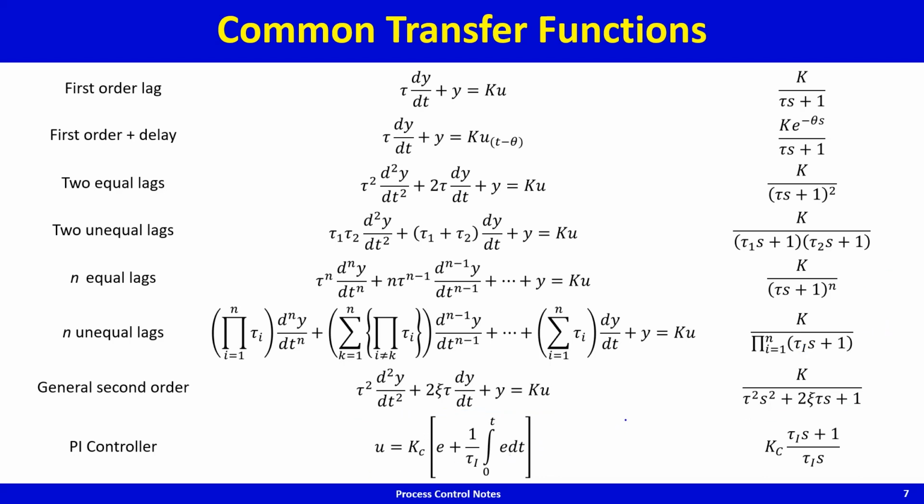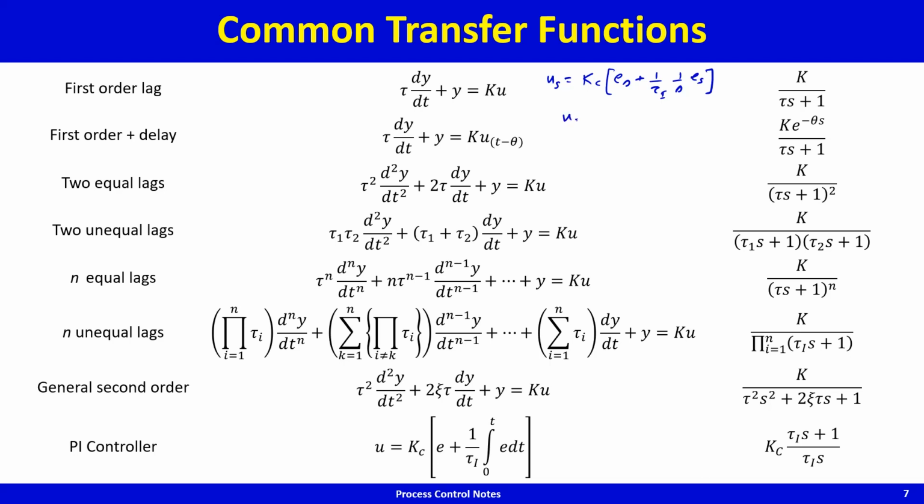If you take the Laplace transform of both sides, you will get U of s is equal to Kc times E of s plus 1 by tau I times the integral of the error, so that will be 1 by s times E of s.